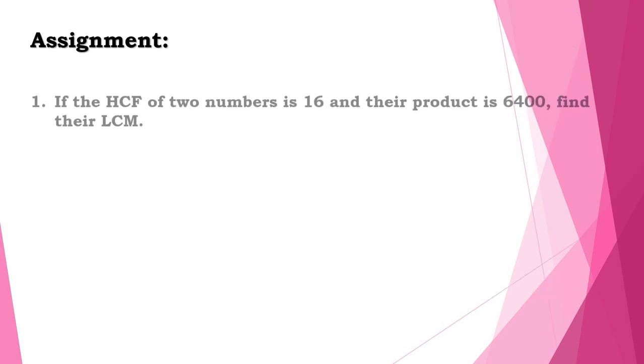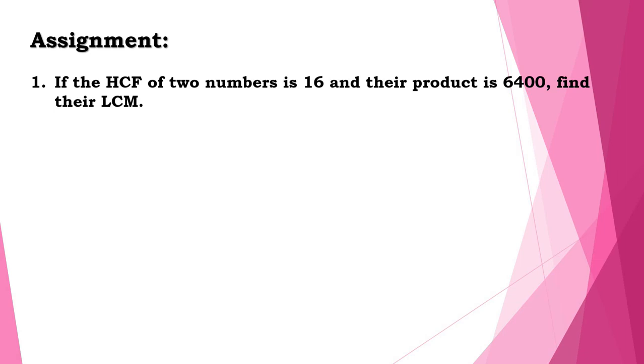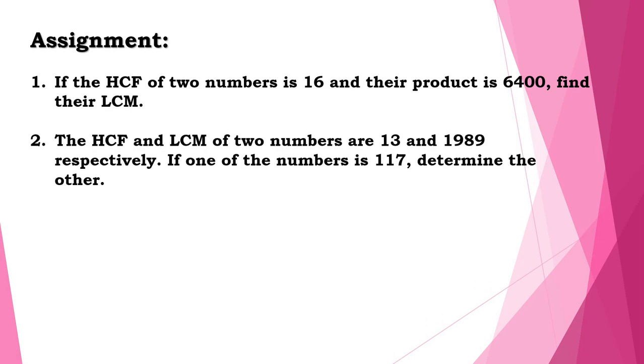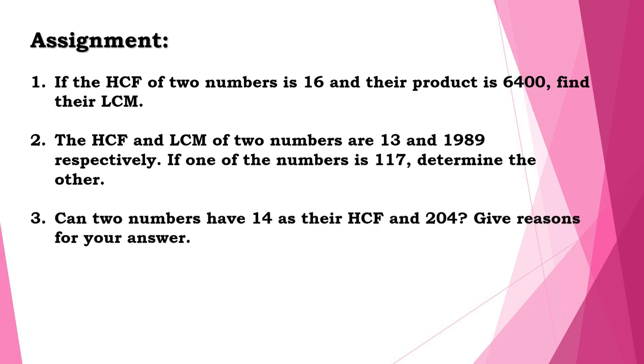Assignment. If the HCF of two numbers is 16 and their product is 6400, find their LCM. The HCF and LCM of two numbers are 13 and 1989 respectively. If one of the numbers is 117, determine the other. Can two numbers have 14 as their HCF and 204 as their LCM?